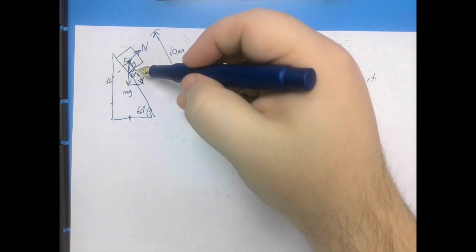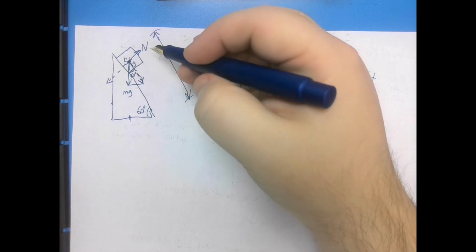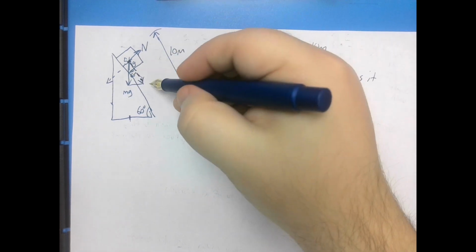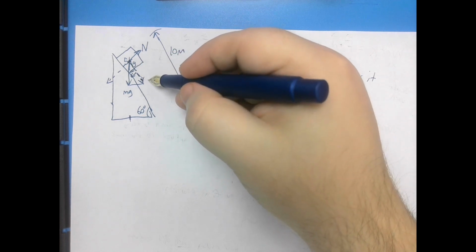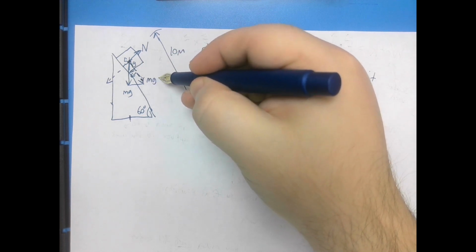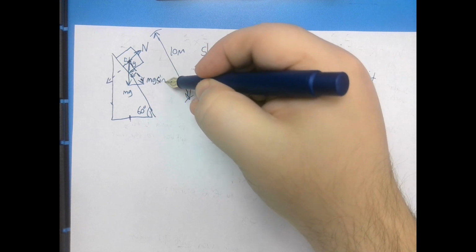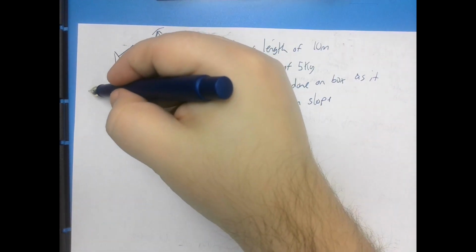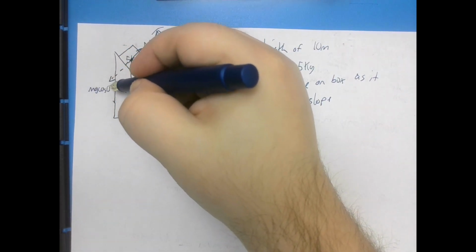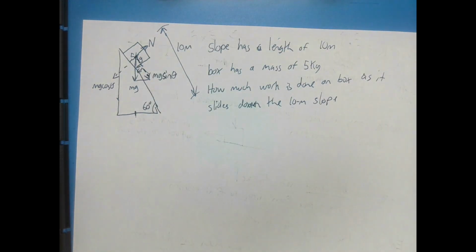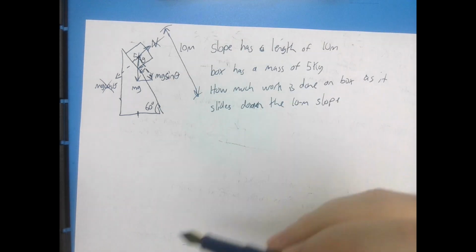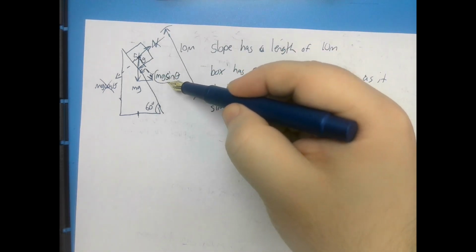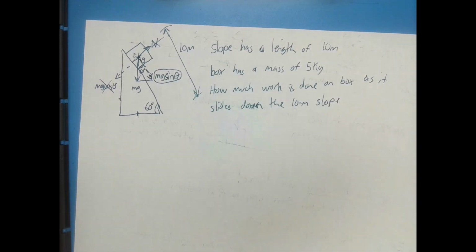That means that, anyway, I'm trying to think of the best way to explain it. I can never explain this. I just know that this is mg sine of theta, and this is mg cosine of theta. These two forces cancel each other out, giving us this is the only force being applied on the box.